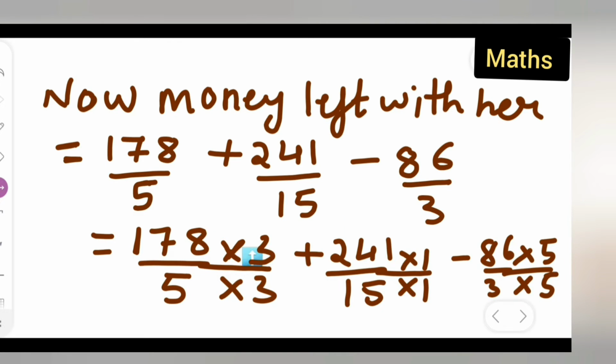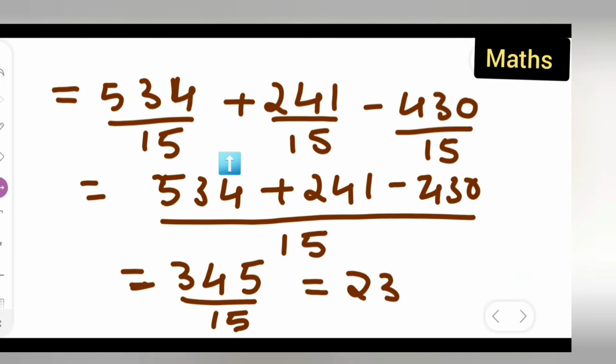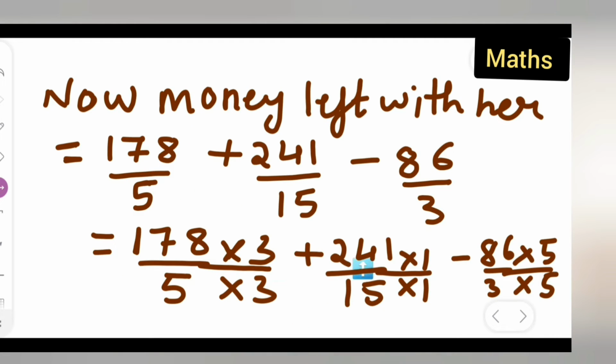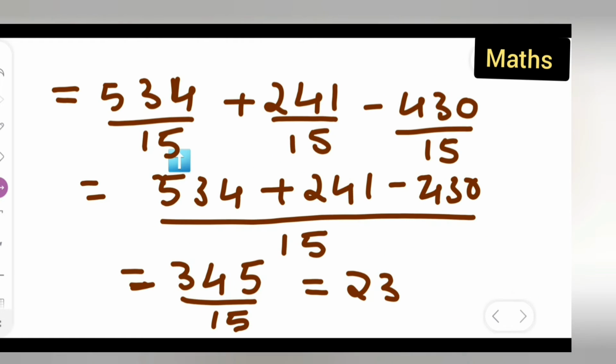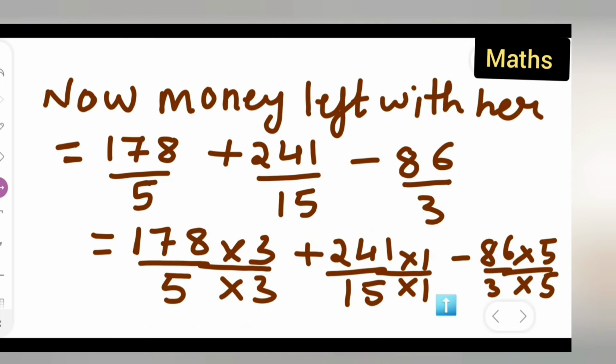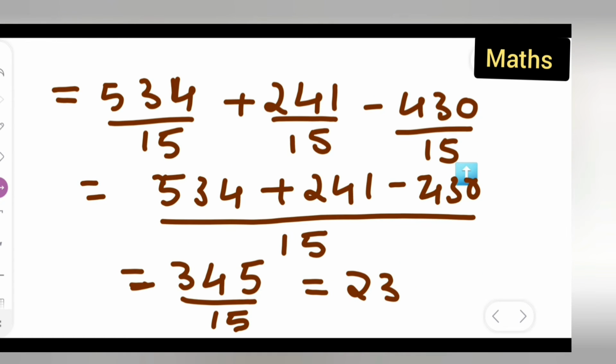Now 178 multiplied by 3 gives 534 upon 15. Then 241 multiplied by 1 is 241 upon 15. Minus 86 multiplied by 5, which gives 430 upon 15.